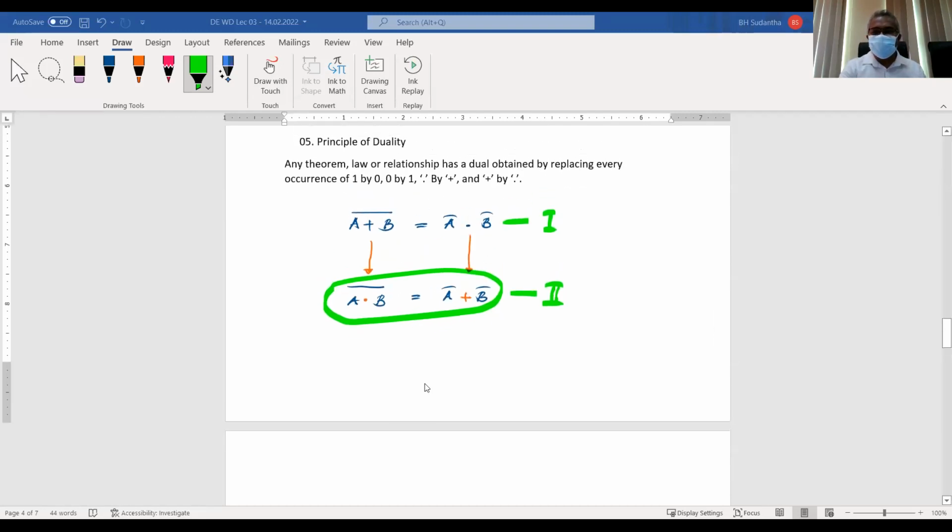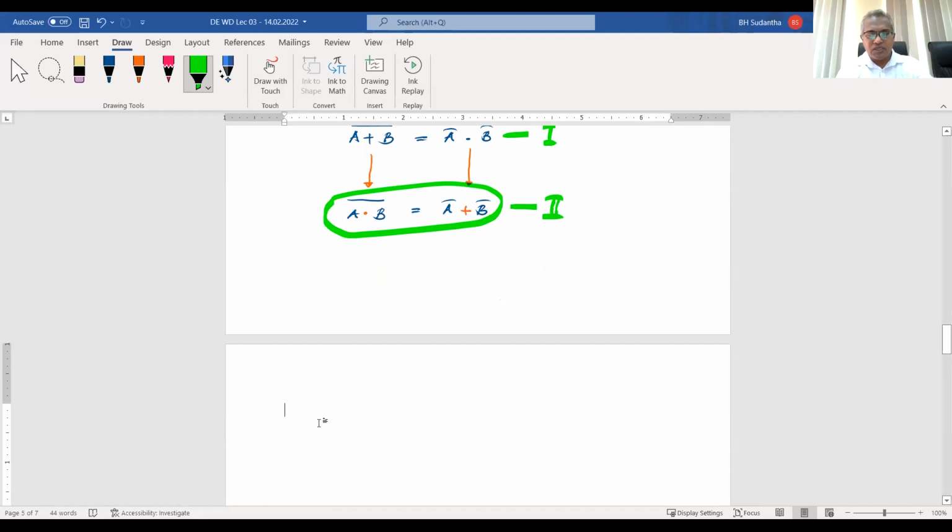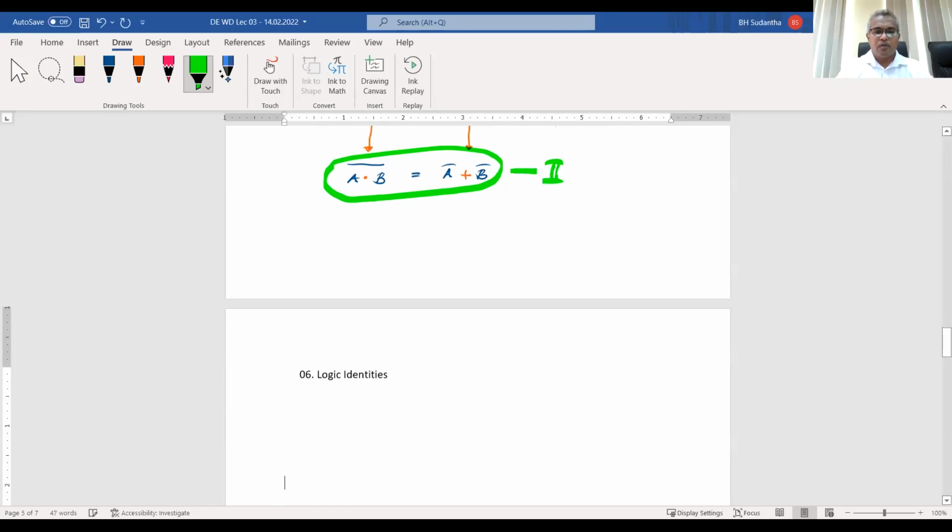Then we have discussed the principle of duality. The next one is logic identities. Okay, logic identities.